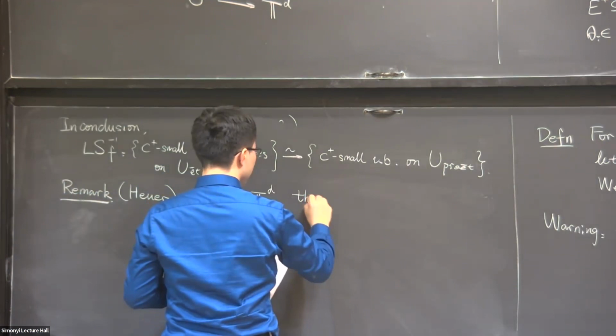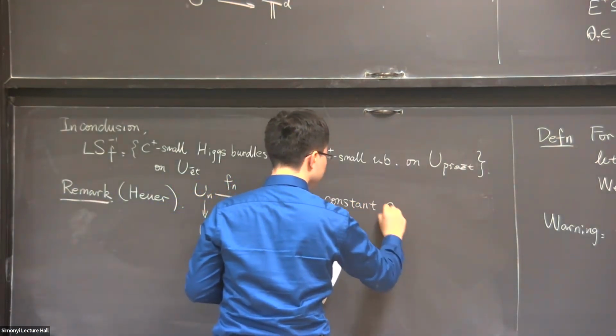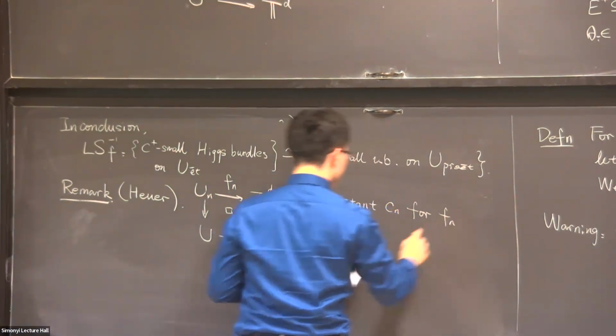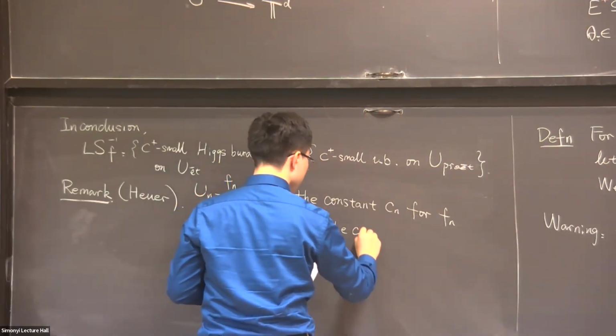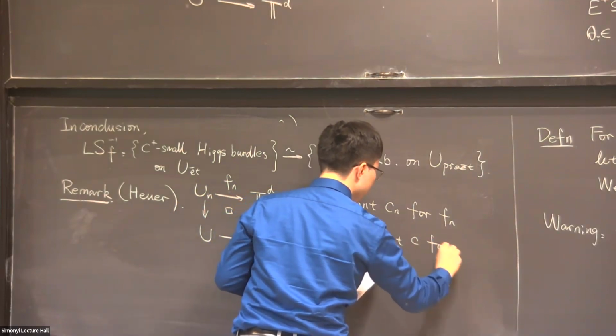The remark is that the constant constructed for F_n can be taken strictly less than the constant C for F.